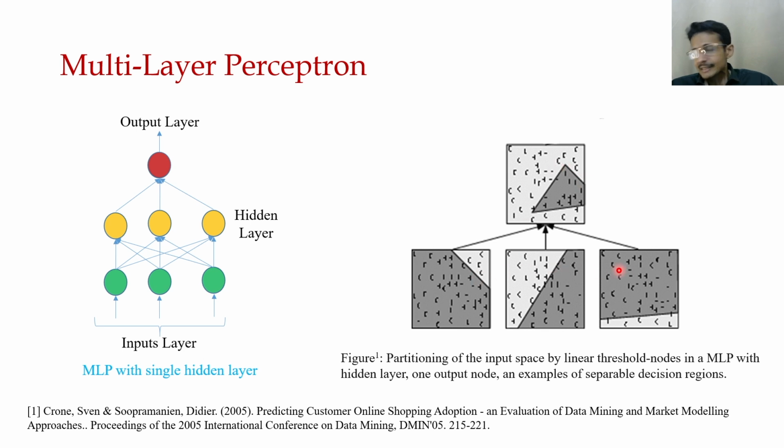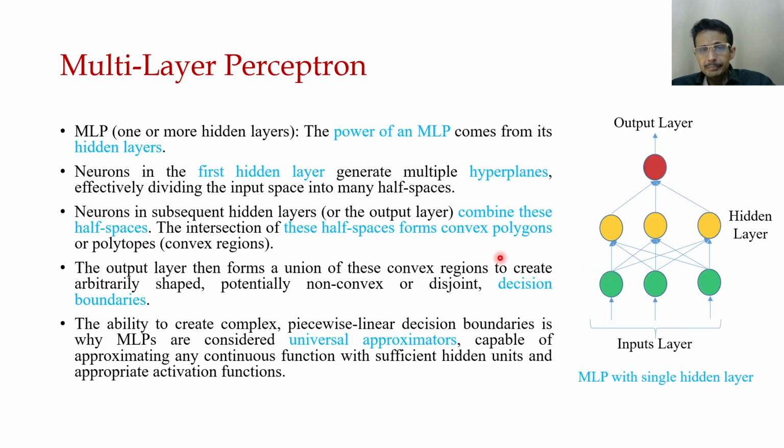It is a very simplistic case to visualize the power of the hidden layer. Sometimes these are called piecewise linear decision boundaries, because any curve can be approximated by straight lines. That is a bit simplistic, but we can say it that way.